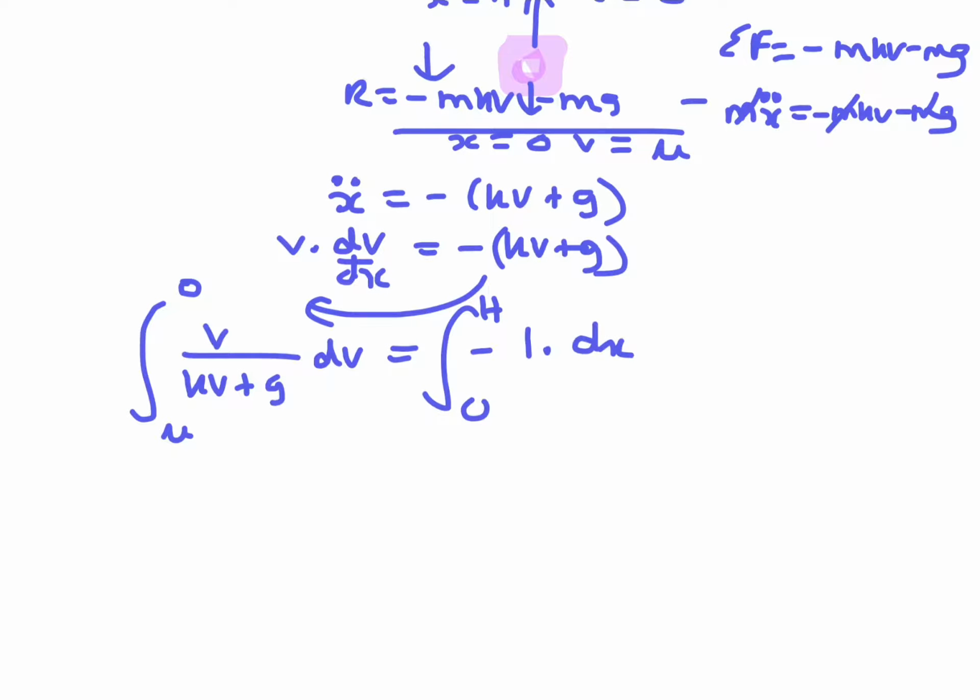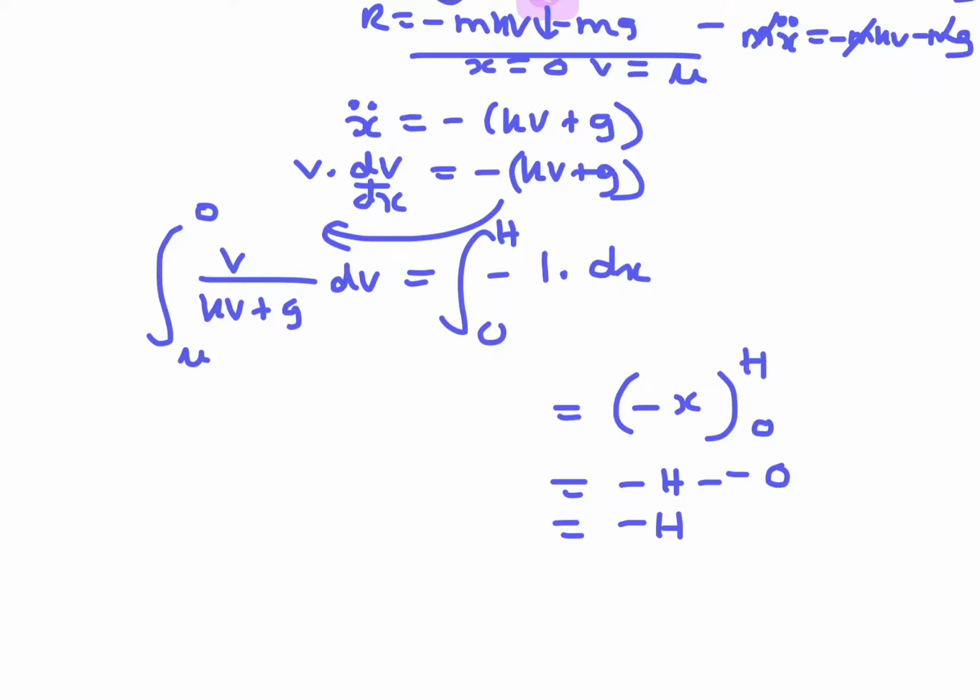Integrating the right-hand side is pretty easy. It's just minus x from 0 to h, and then it's minus h minus minus 0. So you end up with minus h. Integrating this side here is a little bit harder because you have v on kv plus g dv.